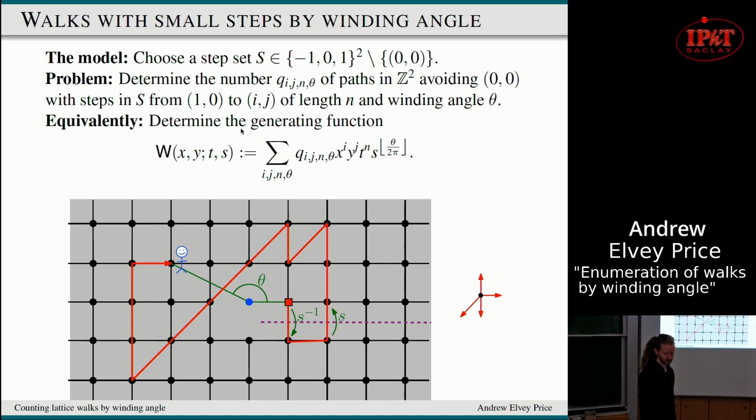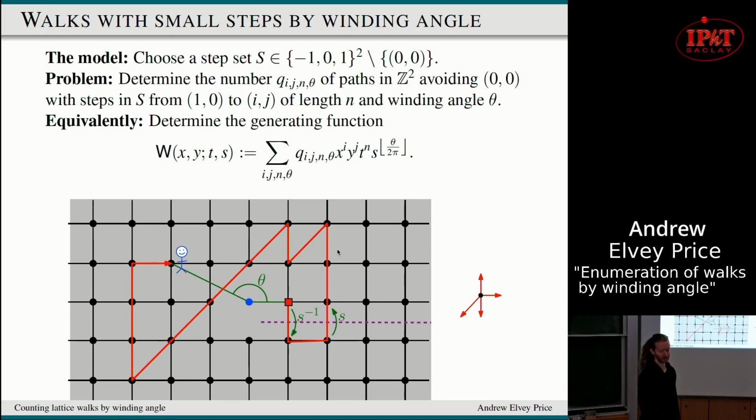consider this generating function, which is a sum over these, again, x to the i, y to the j, t to the n. But now we're just taking the floor function of theta divided by 2 pi as the power of s. Basically that means we don't need to consider the exact value of theta.